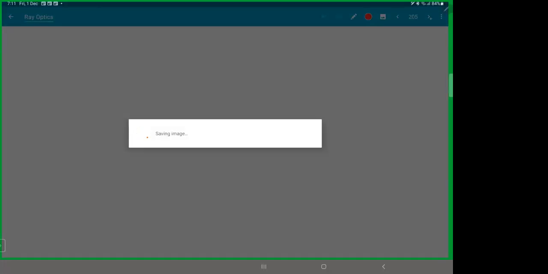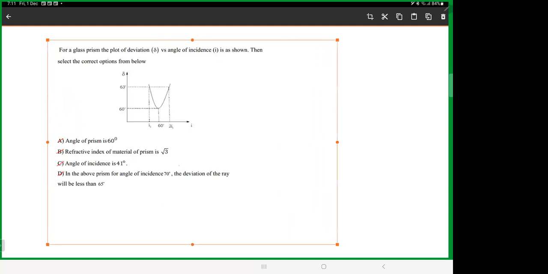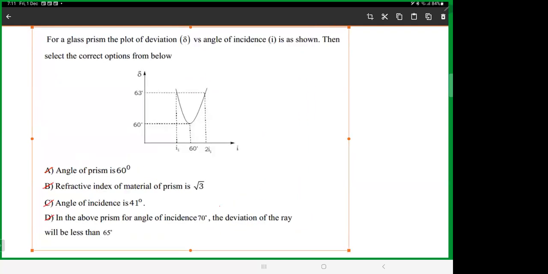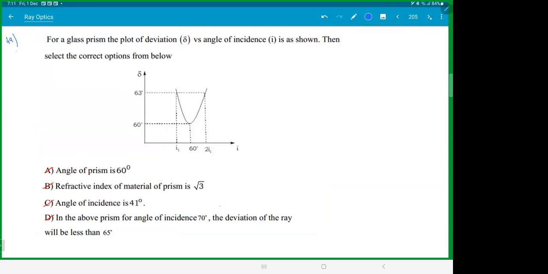This is something good. I have marked the answers, but try. They'll give you a delta versus I graph and they'll ask you the options. All four are right, but let's see. This would be a good question even at mains level. How do we get sine inverse 0.57? 0.57 is close to 0.6, right? That is 3/5, so close to 37, isn't it? You just had to guess approximately.